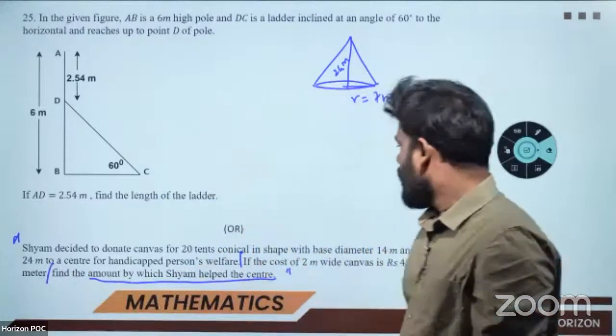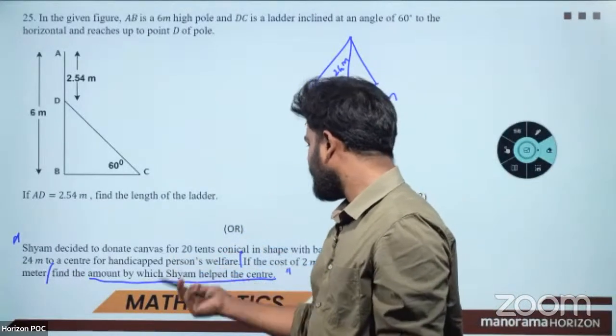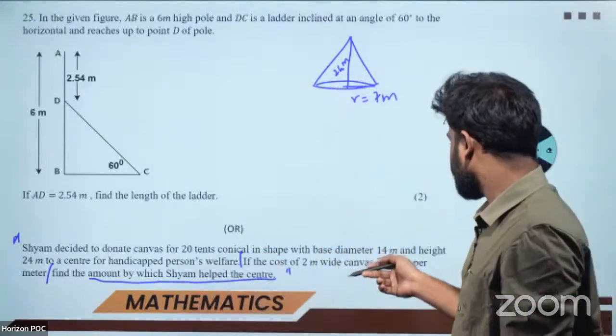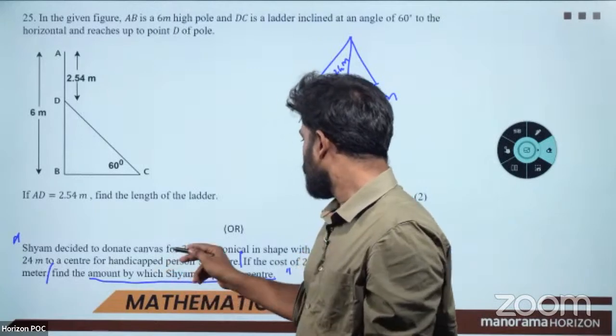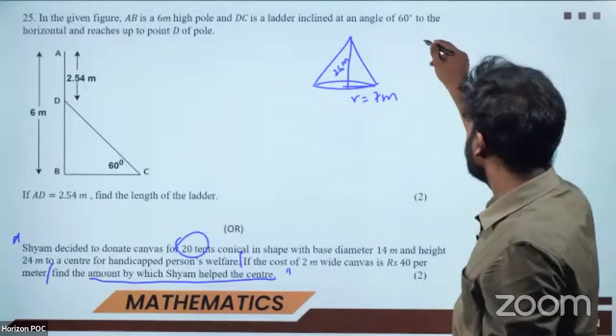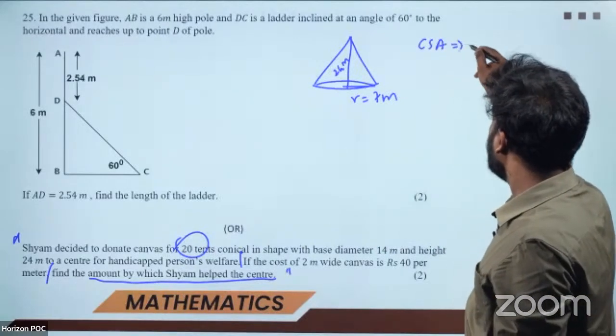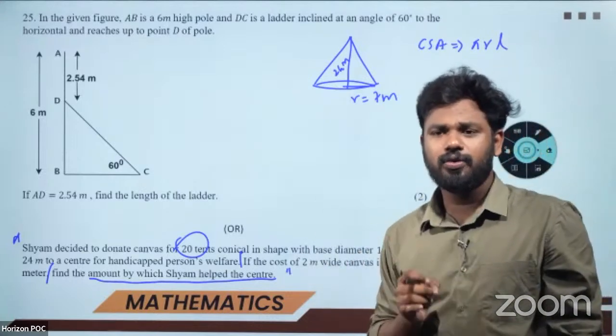Okay, so let's find out what they are paying, since they're making the tent. What I'm doing here is finding the area of this particular tent. There are 20 tents. What is the formula for the curved surface area? It is pi R L, pi R into slant height.